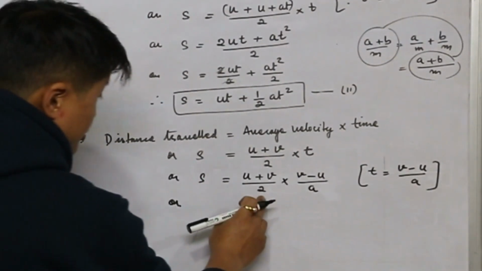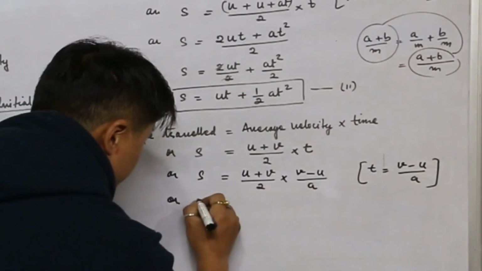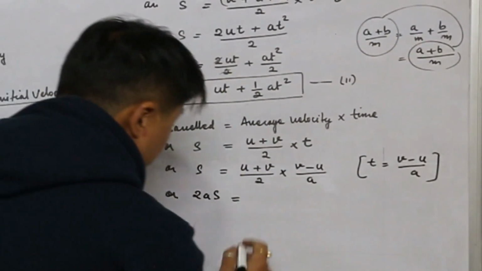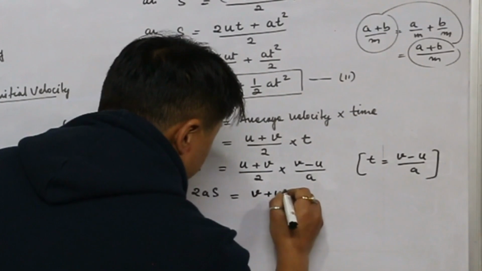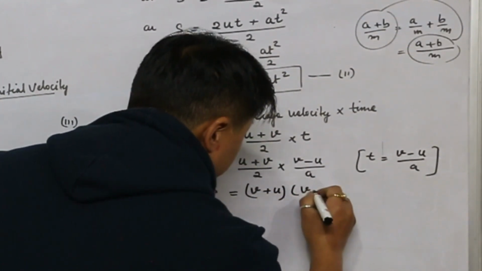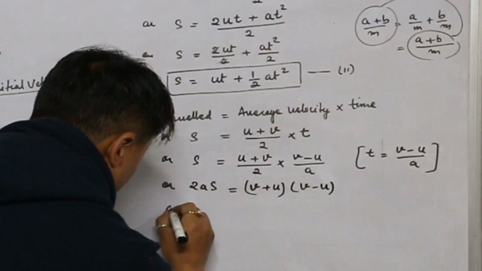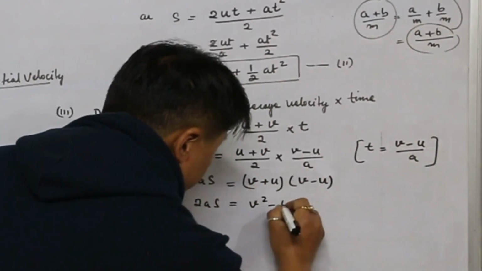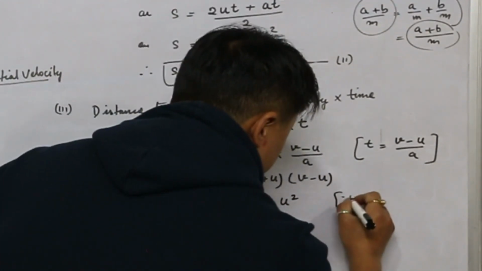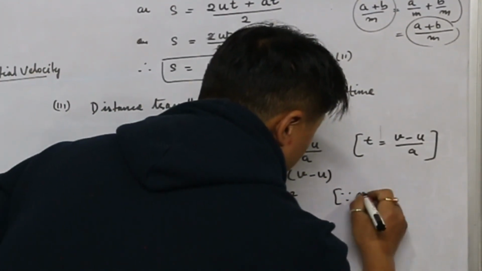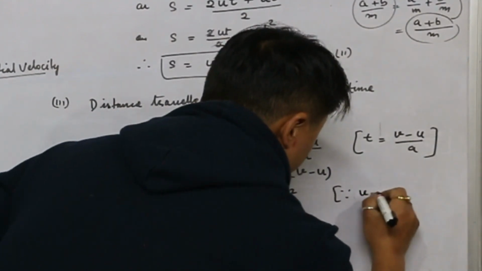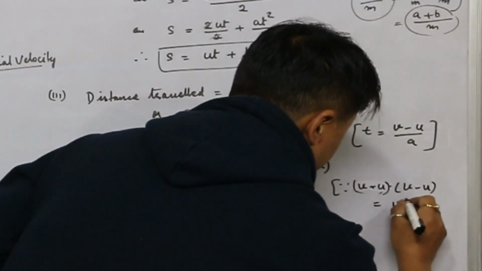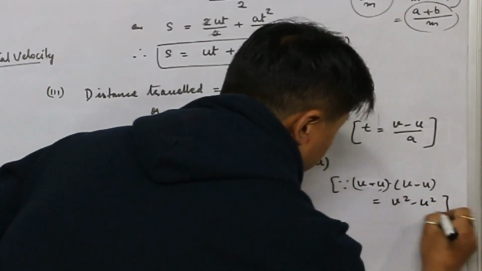Or we can write here 2 into a, 2a into s, 2as is equal to v plus u, or u plus v is same, so we write v plus u into v minus u. Or 2as is equal to v square minus u square. We can write here, since a plus b into a minus b, v plus u into v minus u is equal to v square minus u square.